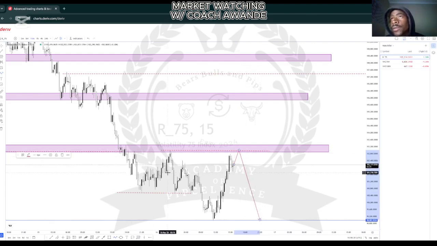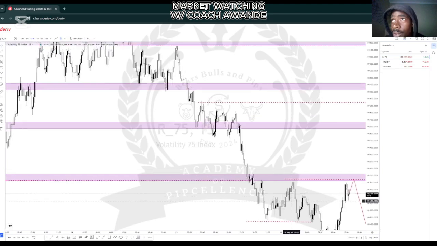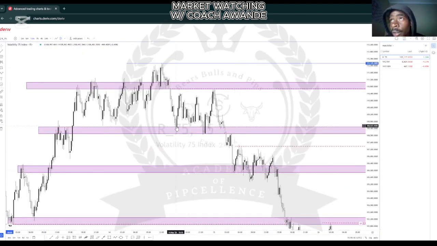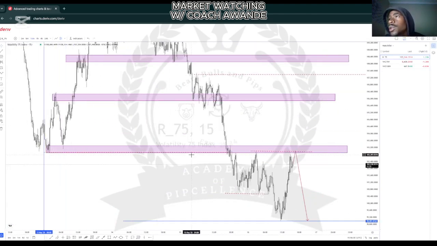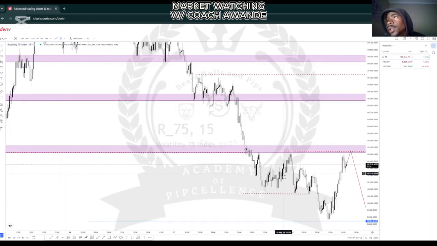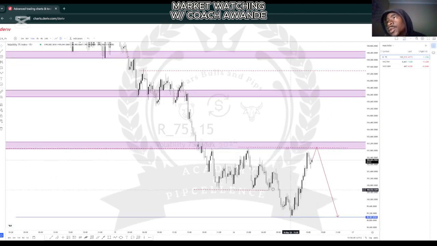Like you guys have witnessed, whenever price gets to an area, more than likely one thing happens: price is going to reject into the prevailing direction, or sometimes it's going to break out and then reverse and continue in the opposing direction. So in this instance, we possibly want to see price reject in the prevailing direction, which is to the downside, instead of continuing to the upside.